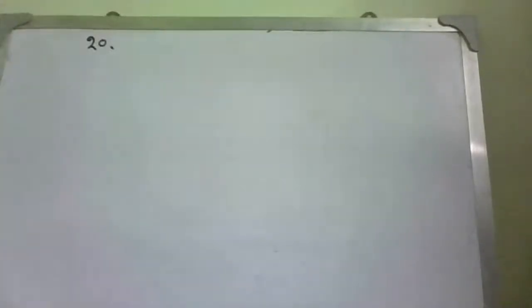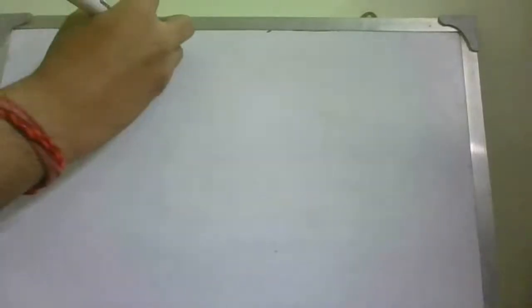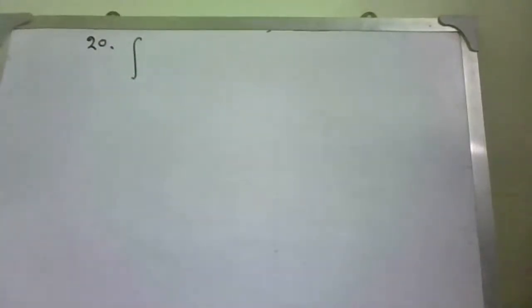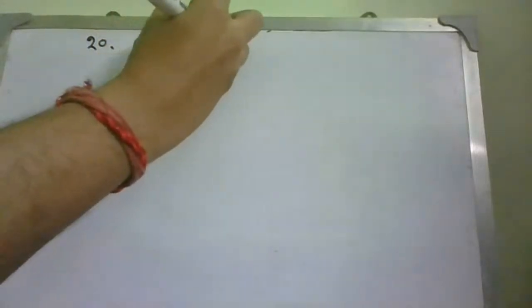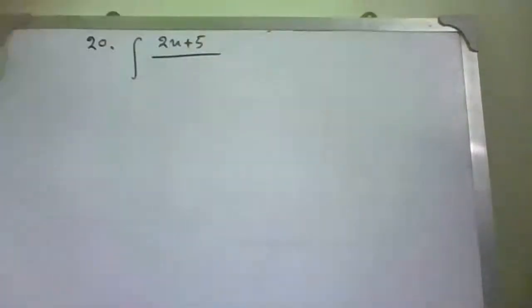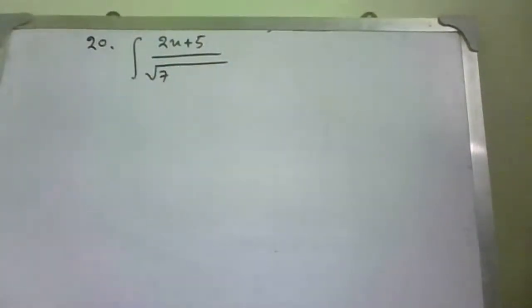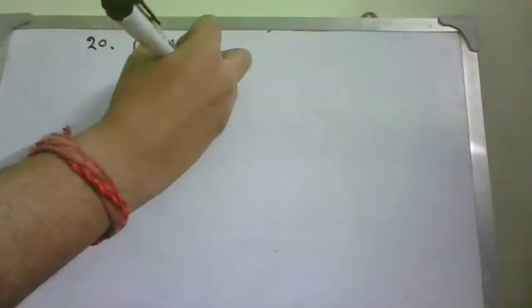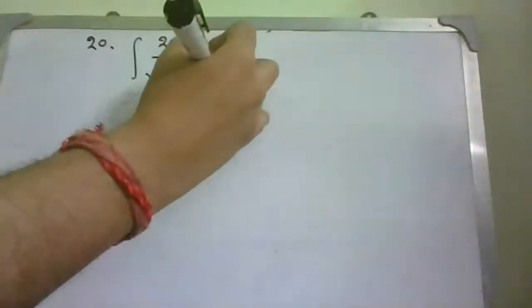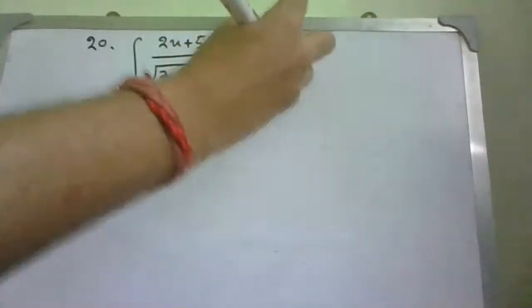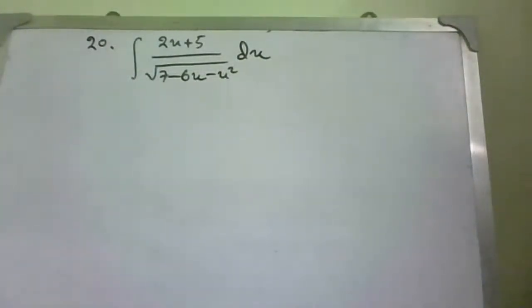Okay, so the next question is the integral of (x plus 5) over root of (7 minus 6x minus x squared) dx. Okay.